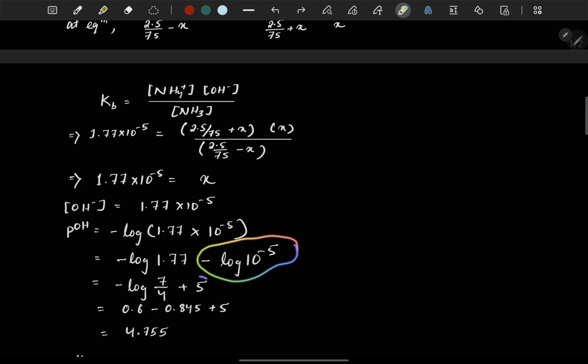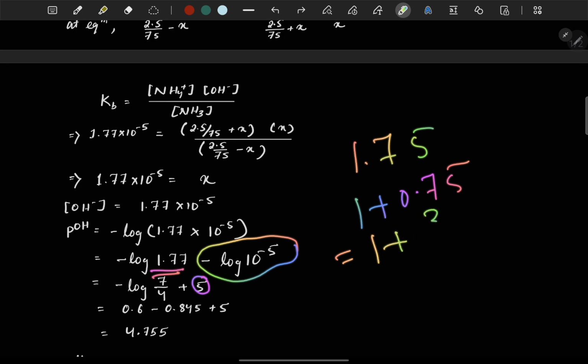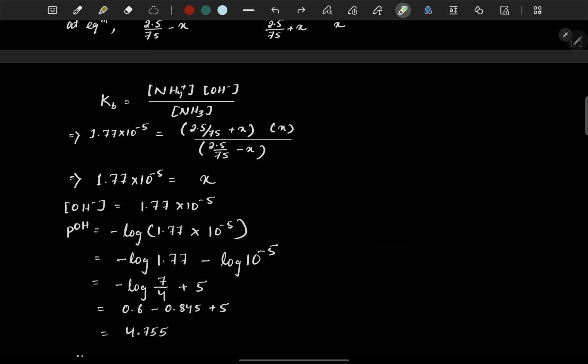This value will be equal to 5. Again, here we have 1.77; let us take it as 1.75, or 1 plus 0.75. We all know 0.75 is equal to 3 by 4. So this will be 7 divided by 4. This will make our calculation easy. So this will be minus log of 7 by 4.